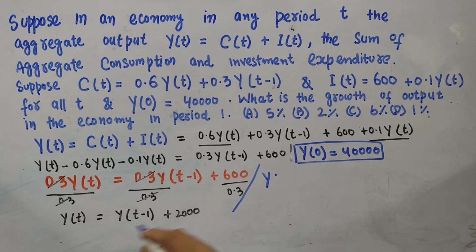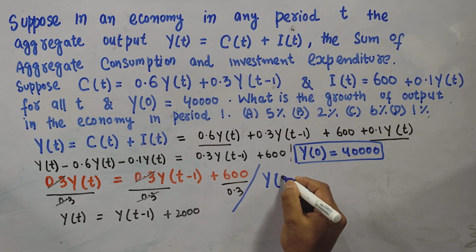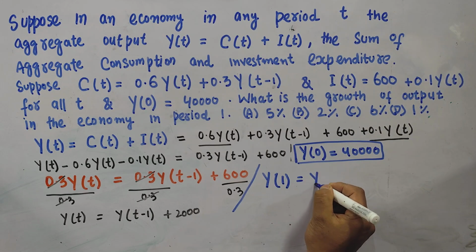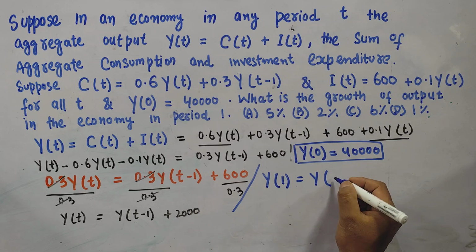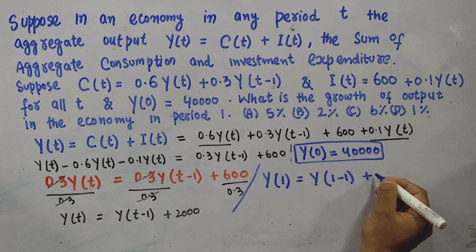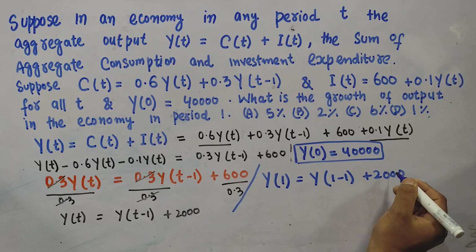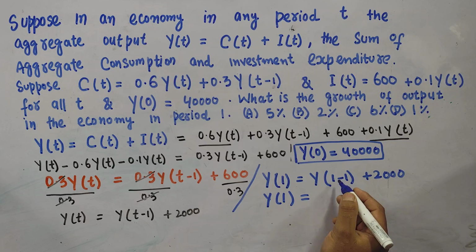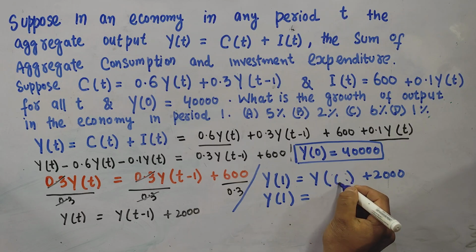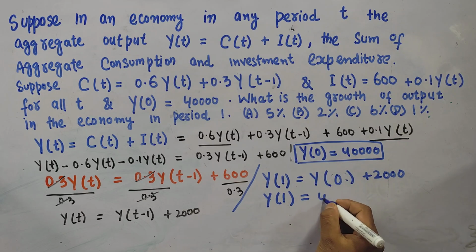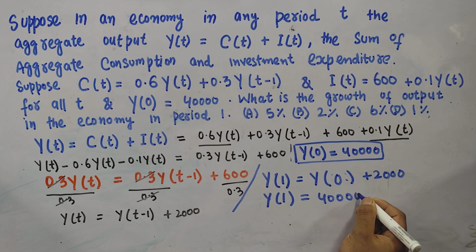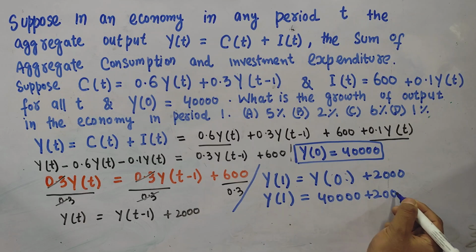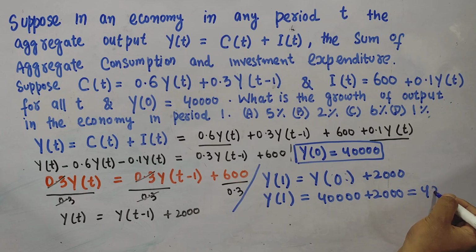In place of t we write 1, so y1 will be equal to y 1 minus 1 plus 2000. 1 minus 1 is 0, so it is y naught. y naught is 40,000 plus 2000, so it is 42,000. This is our output in time period 1.